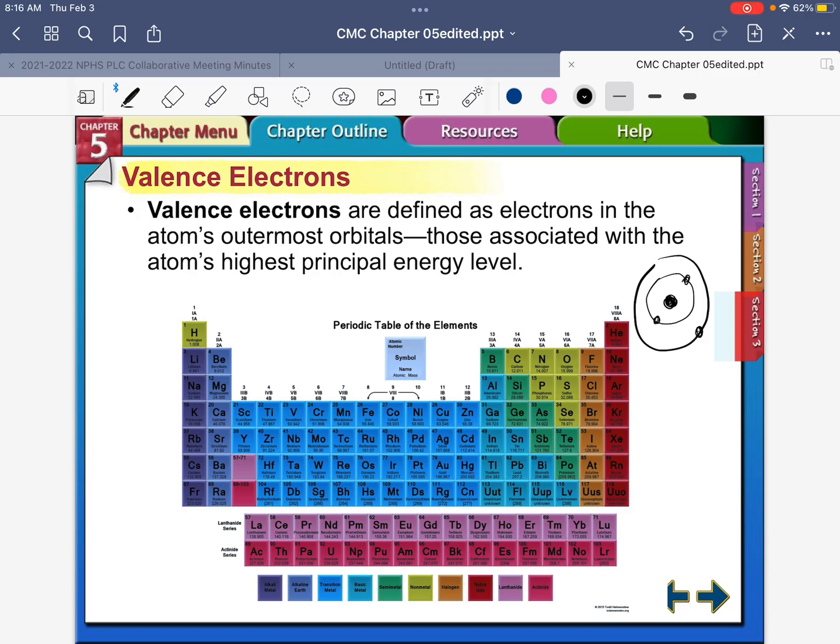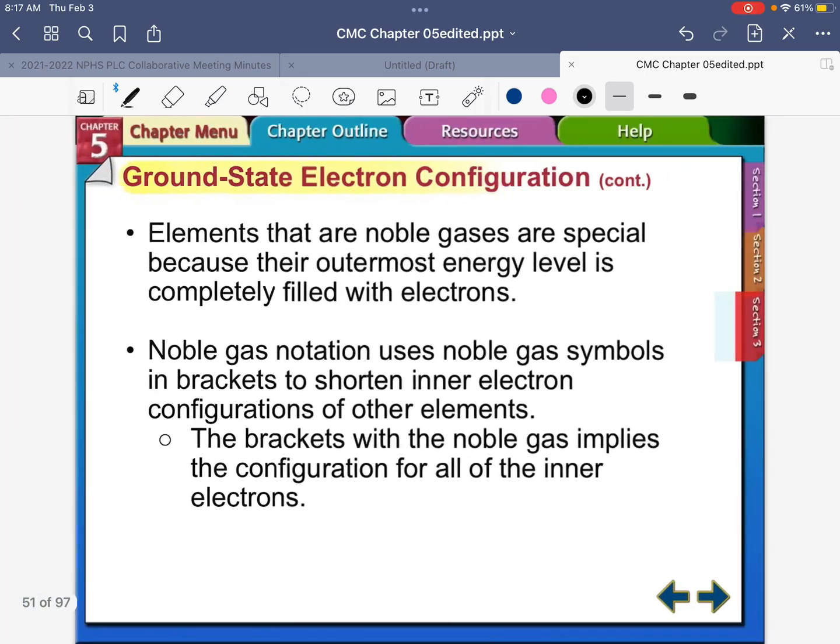The valence electron would be the one that's in the outermost energy level. So not these inner core electrons. These are the ones that are associated most with an atom's chemical behavior. And so these types of electrons are what we spend most of our time talking about.